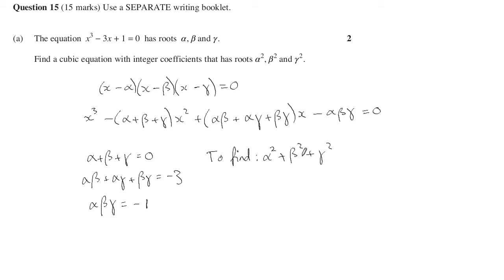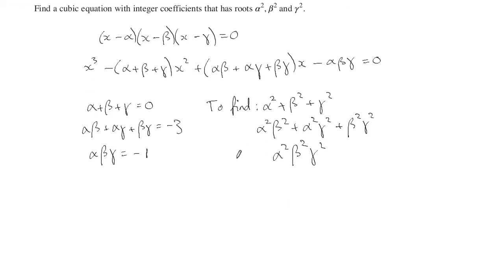We're going to find that, which is going to give us the x squared coefficient. Equivalent of that one, and alpha squared, beta squared, gamma squared. So if we can find these three things, then we'll know the cubic.